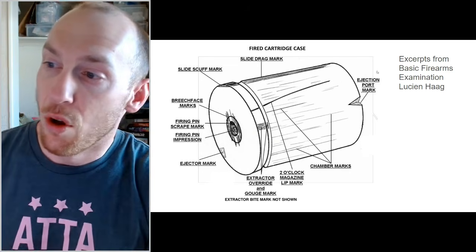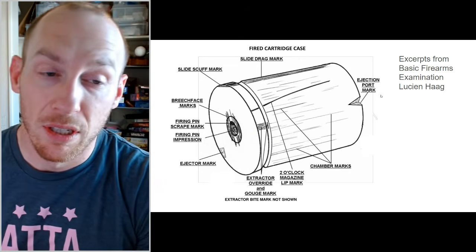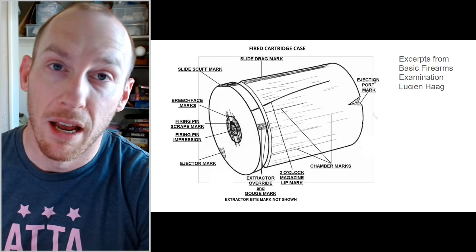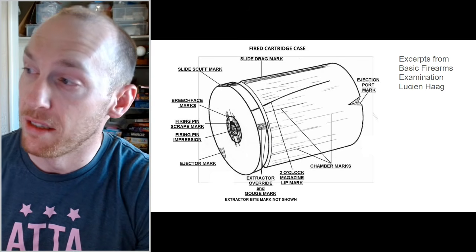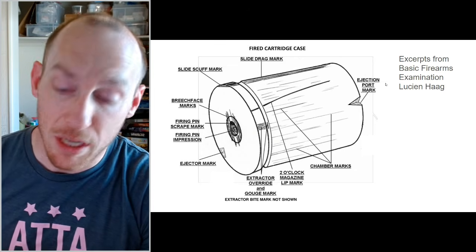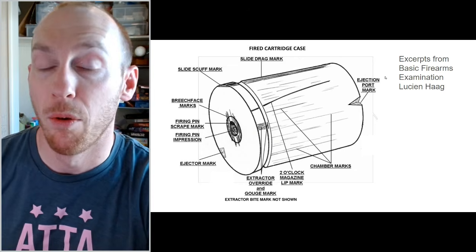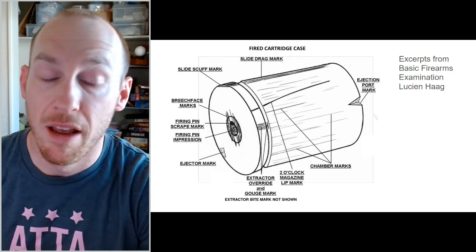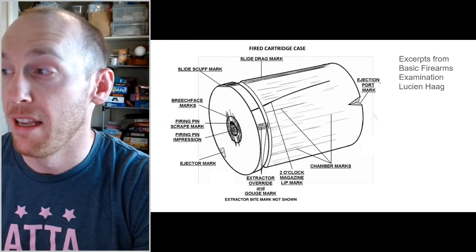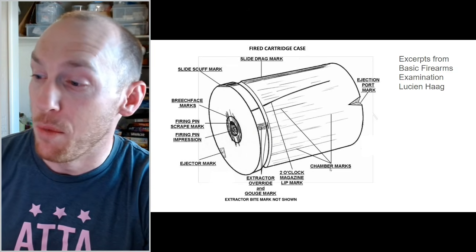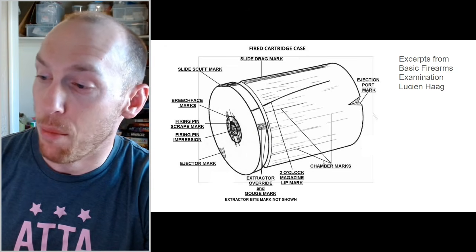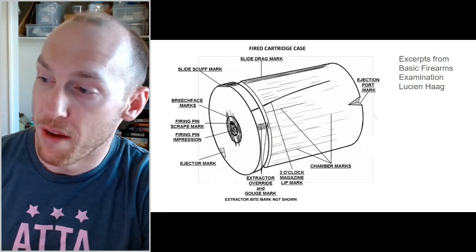So you'll see there's all kinds of different marks that a forensic firearms examiner can use to assist in coming to their conclusions. Some of these marks are related to firing, and some of them are related to chambering.